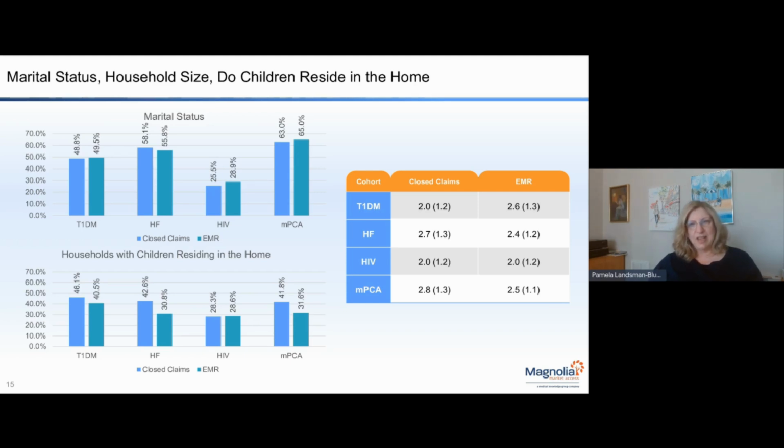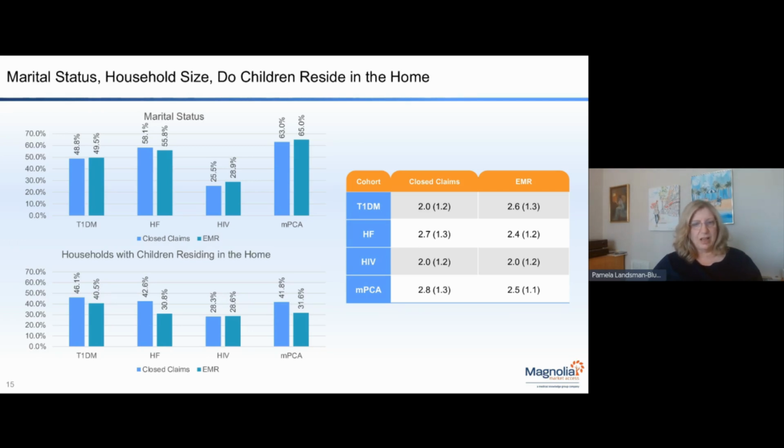On the right in the table is the average household size. Again, some differences you may see have to do with the disease state, and then the age. Think back to the ages of the populations in the closed claims and the EMR, and that explains some of the differences you're seeing there. And then households residing with children.